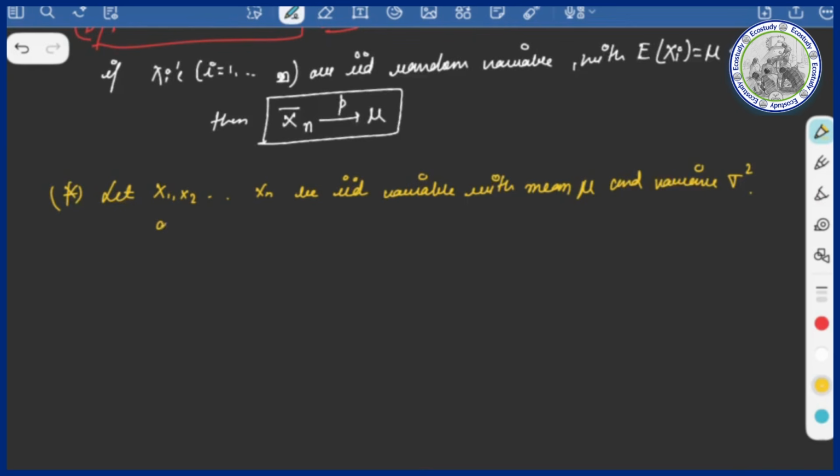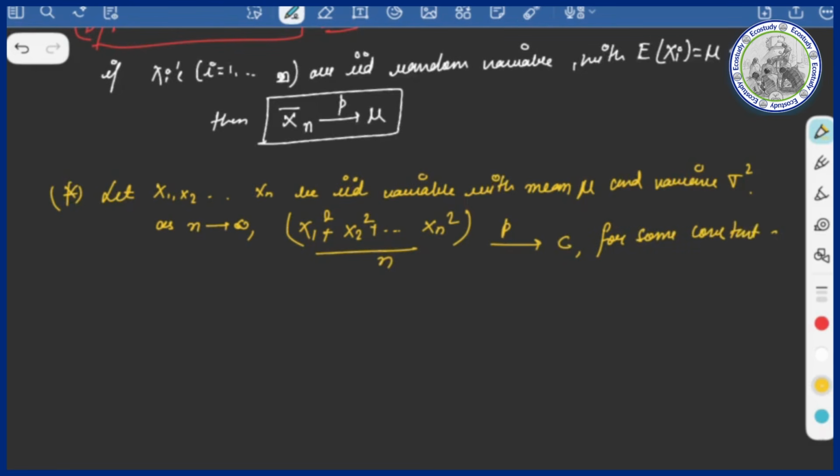As n tends to infinity, you have to show that (X1 square plus X2 square dot dot dot plus Xn square) divided by n will converge in probability to c for some constant c, where c is finite, and you have to find c.